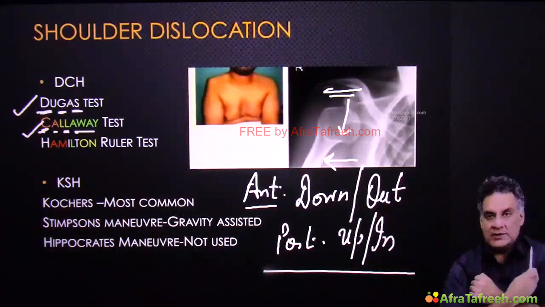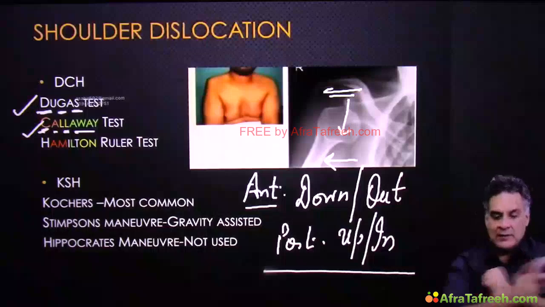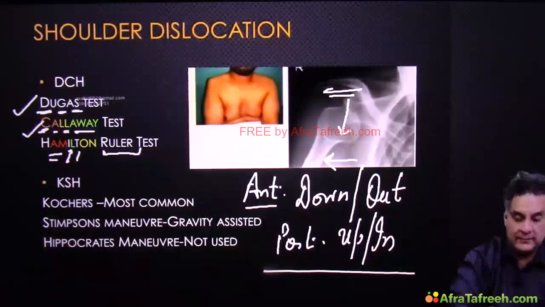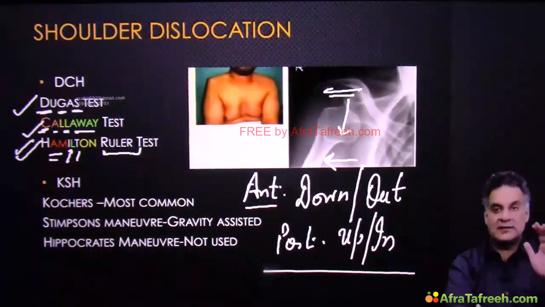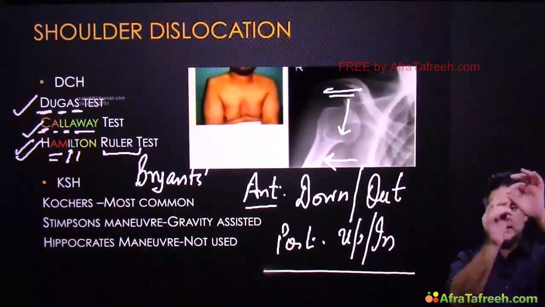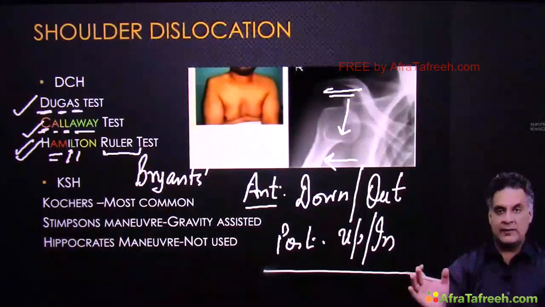But when there is a dislocation, the ruler will touch both the points, acromion and lateral epicondyle. So ruler touches lateral epicondyle and acromion. Hamilton ruler test. And the fourth test is the Bryant's test, where the vertical length of the anterior axillary fold is more in anterior dislocation of shoulder.